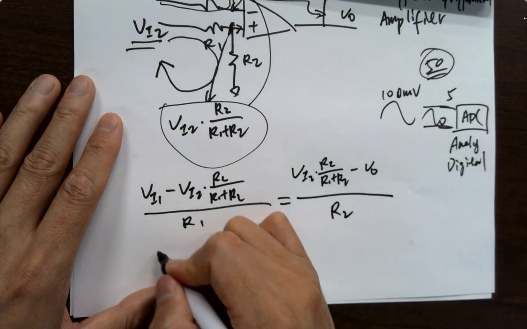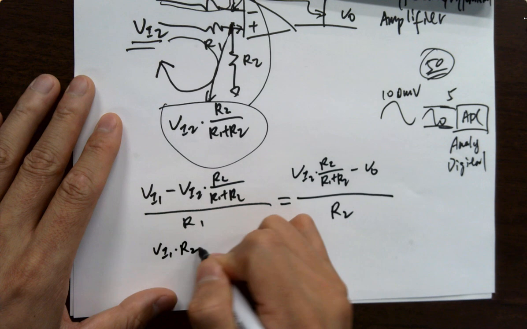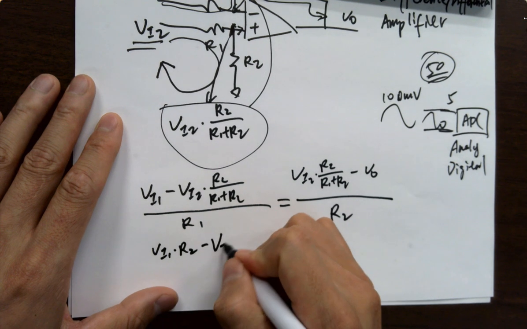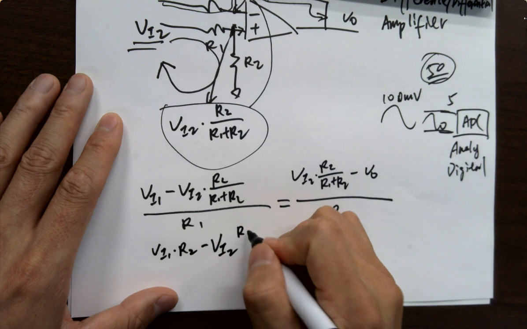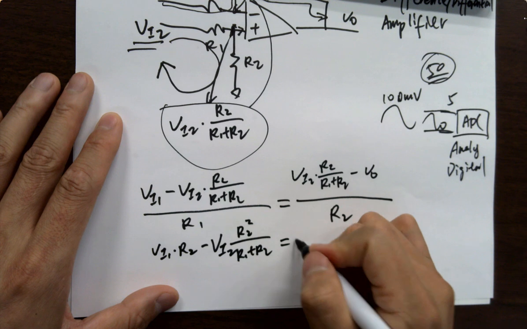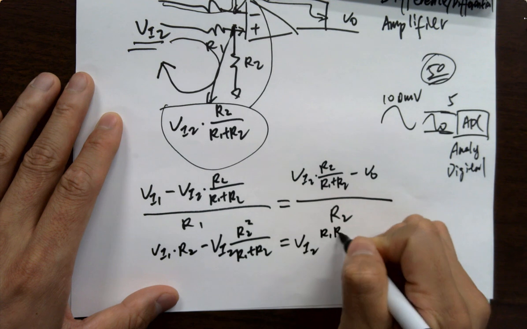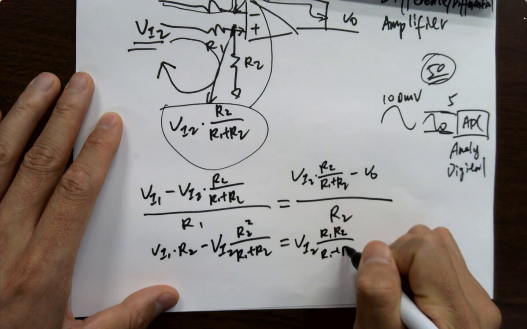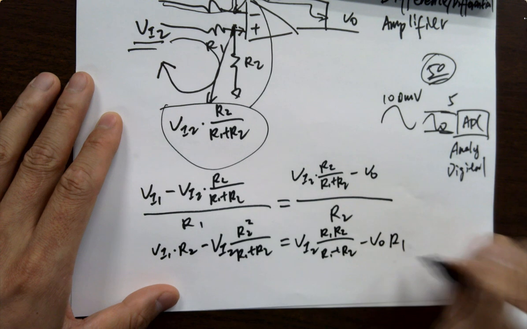Then do this. VI1 times R2 minus VI2 R2 square over R1 plus R2 equals VI2 R1 R2 over R1 plus R2 minus Vout R1.